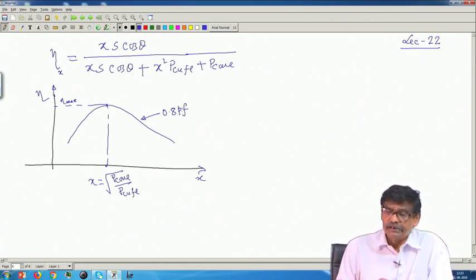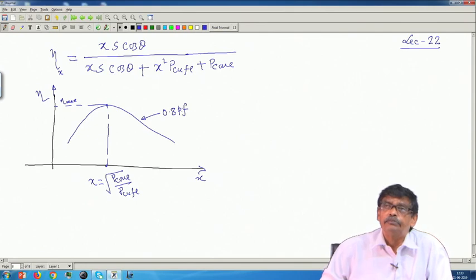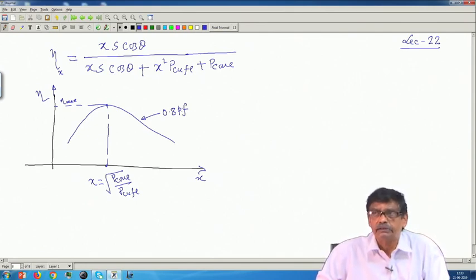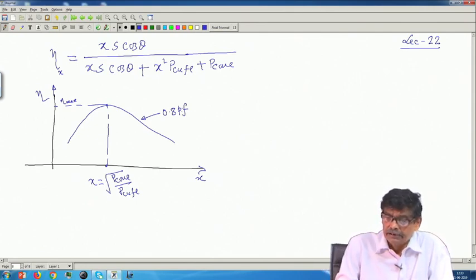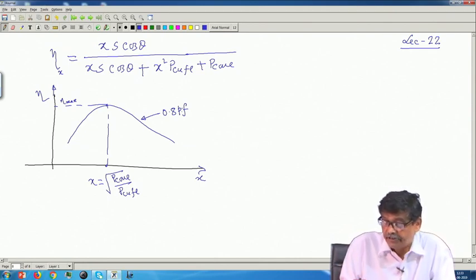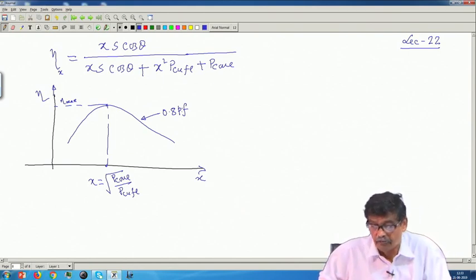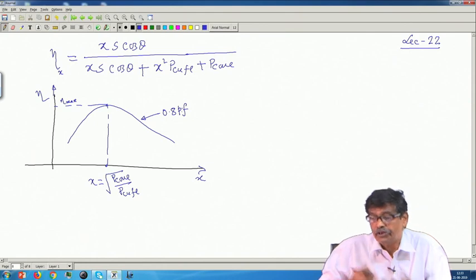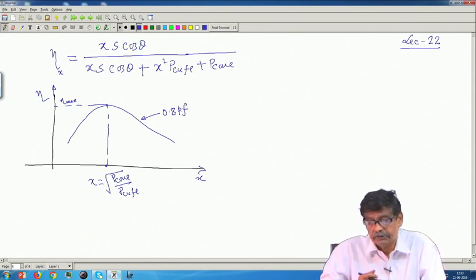Now, the question is, the power factor of the load may also change. Suppose I repeated the same exercise, I want to get the efficiency versus x curve for say 0.6 power factor, or unity power factor, or 0.2 power factor.